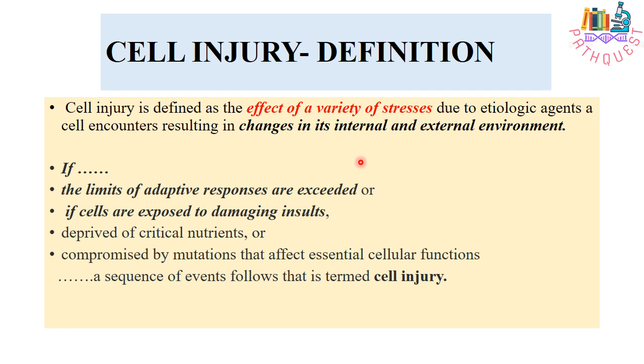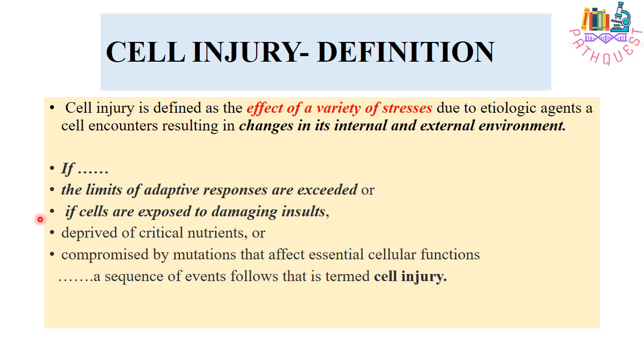What are these variety of stresses? These include when the cell exceeds its limits of adaptive responses. So when the cell is exposed to a stress, it will first try to adapt itself. But if the adaptive limits are crossed, then it will result in cell injury.